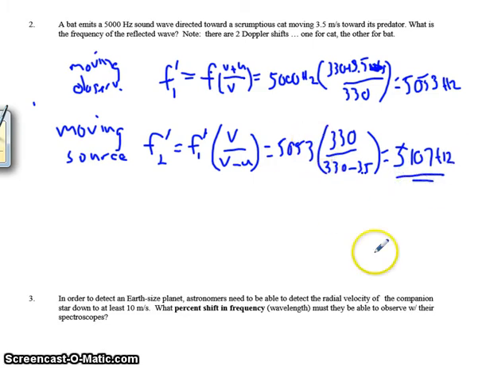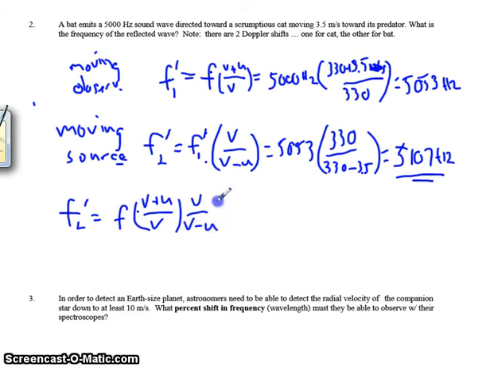We have to be careful here that we adjust for the fact that we have a moving observer. In fact, if we were clever, we could do this all in one step. Solving for f2 prime again, we take f1 prime and put this equation in here, and we have f times v plus u all over v times v over v minus u.